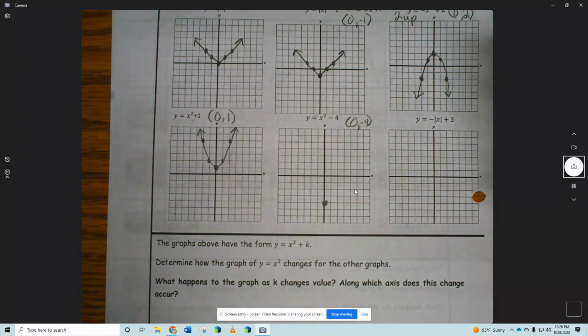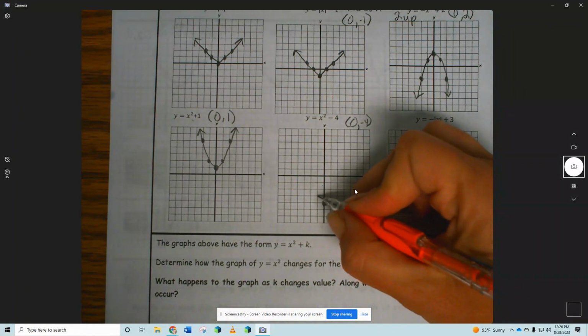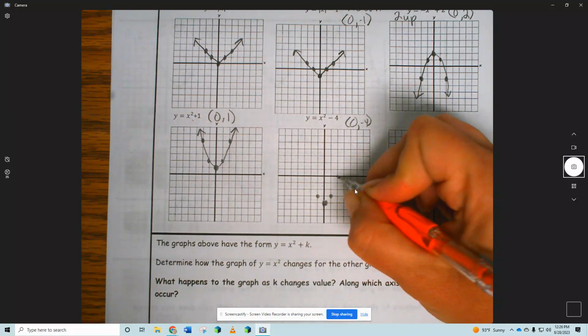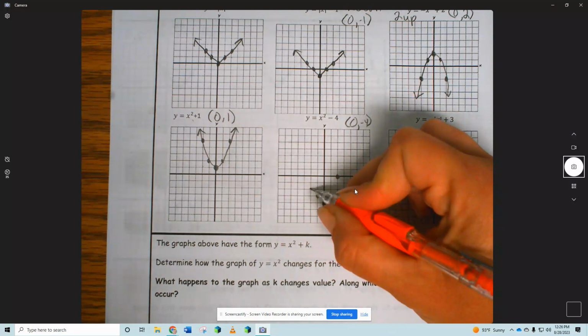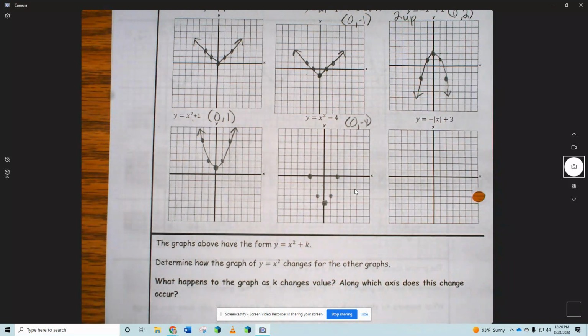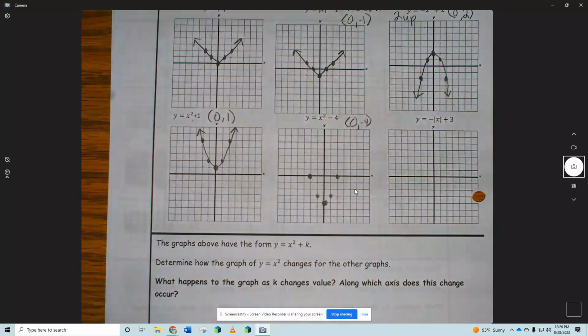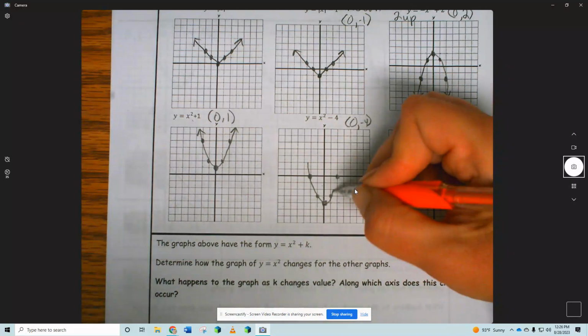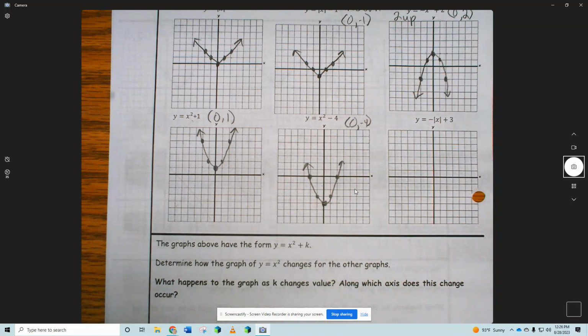Okay. Parabola, over 1, up 1. Over 2, up 4. That's a quadratic. And it's curvy.